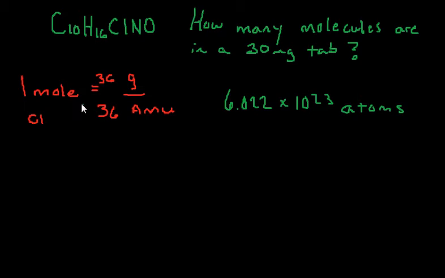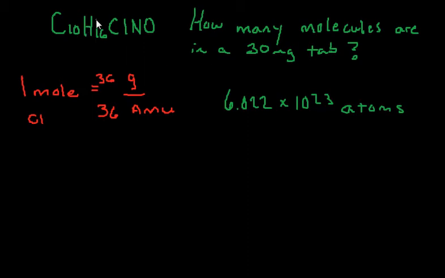A mole is a number. 6.022 times 10 to the 23 atoms of chlorine equals 36 grams, or 36 atomic mass units. How confusing, right? Well, it's okay. If you don't understand it right now, that's okay. We can still do the problem, I promise. It's one of those things that just takes practice, and the more we do, the more you'll understand. So, our question is how many molecules are in a 30 milligram tablet?